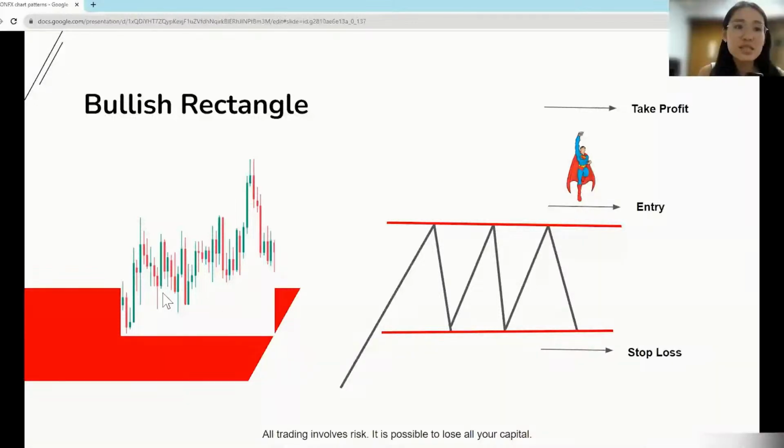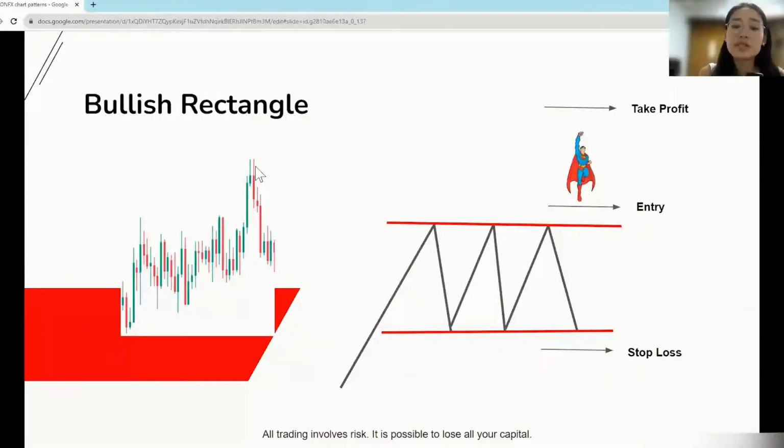If you connect this area here, it's pretty easy to spot. It's just about the same length of candlesticks and wicks. So our entry would be the upper boundary, and our stop loss would be the lower boundary. And then we're expecting price to break out of this consolidated area and hit our take profit. Okay, so that's for a bullish rectangle.